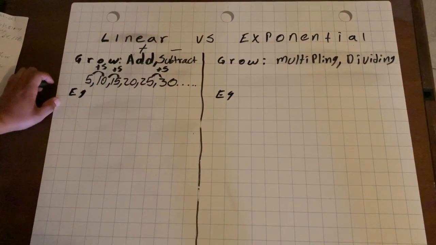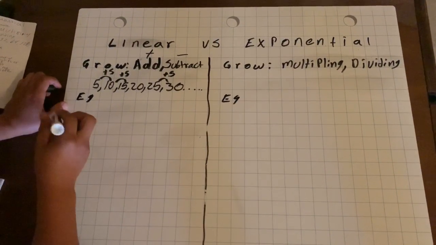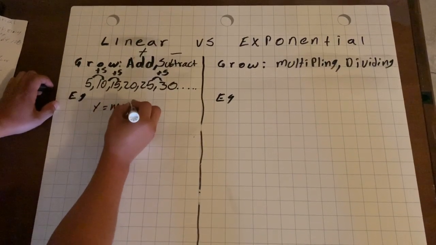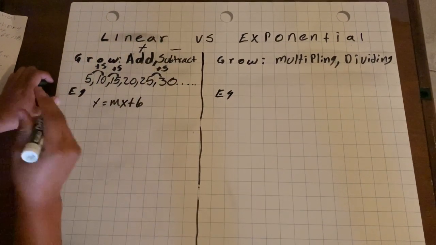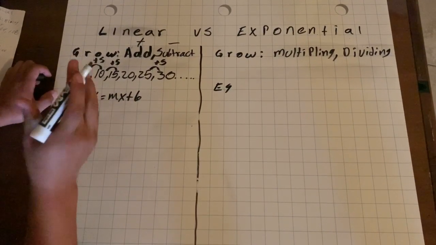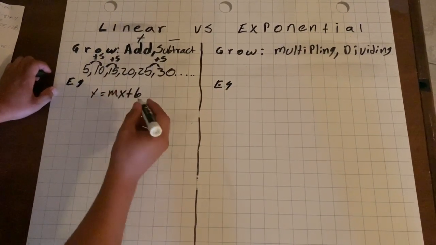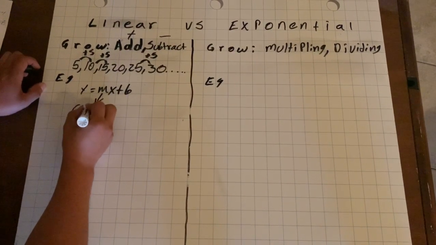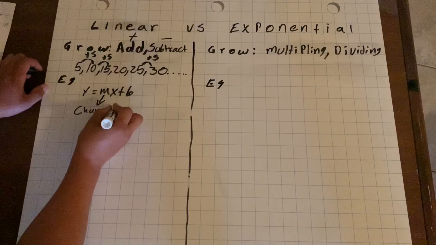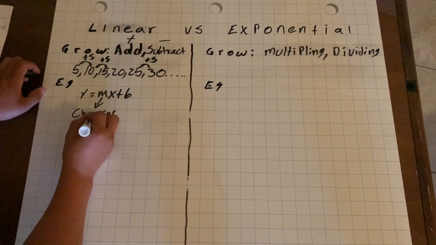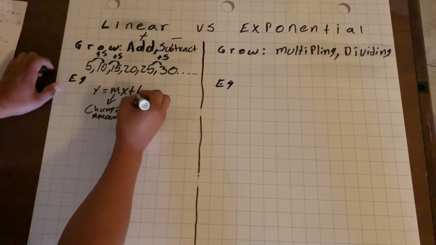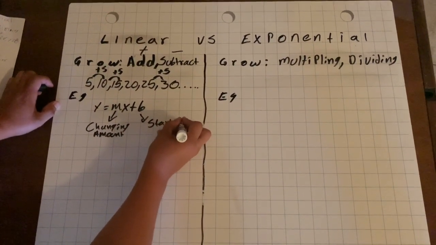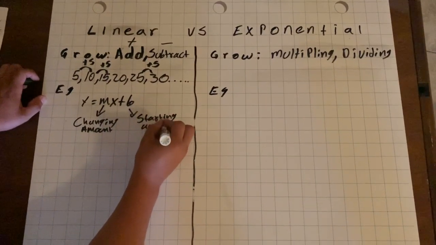The equation for a linear equation is y equals mx plus b. You might be wondering, what is that? Let me explain what mx plus b is. M is your changing amount, and B is your starting amount.